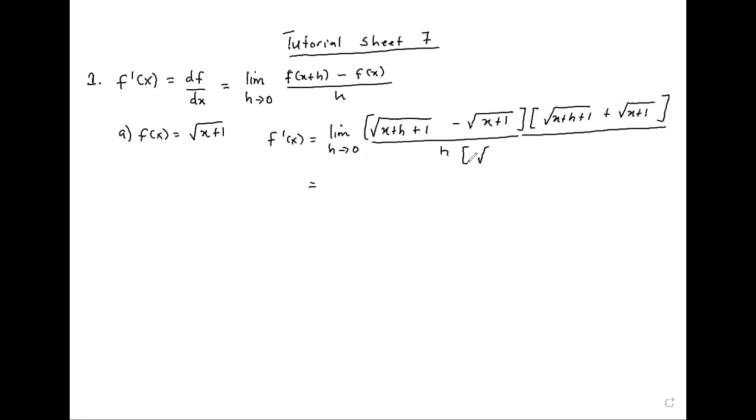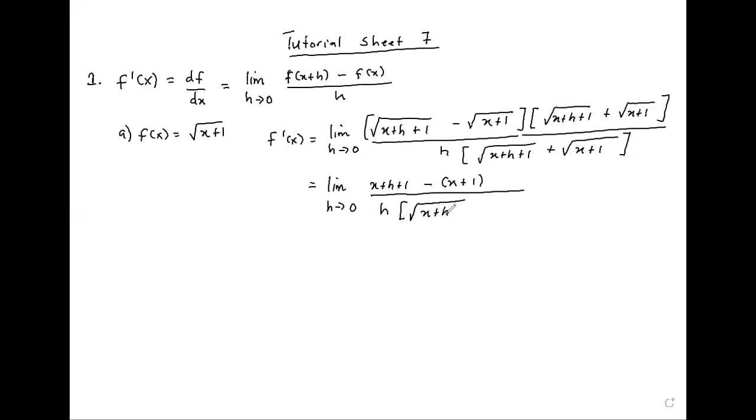The same here: the root of x plus h plus 1 plus the root of x plus 1. So we still have the limit because I've not done anything. Then multiply, get x plus h plus 1 minus x plus 1 over h, the root of x plus h plus 1 plus the root of x plus 1.